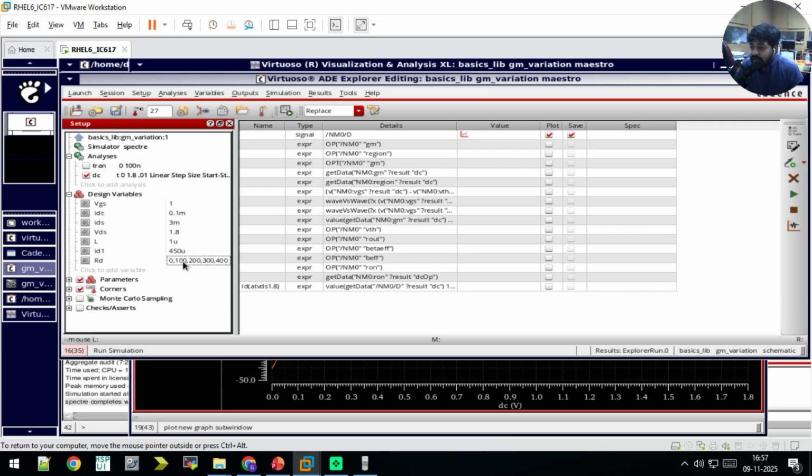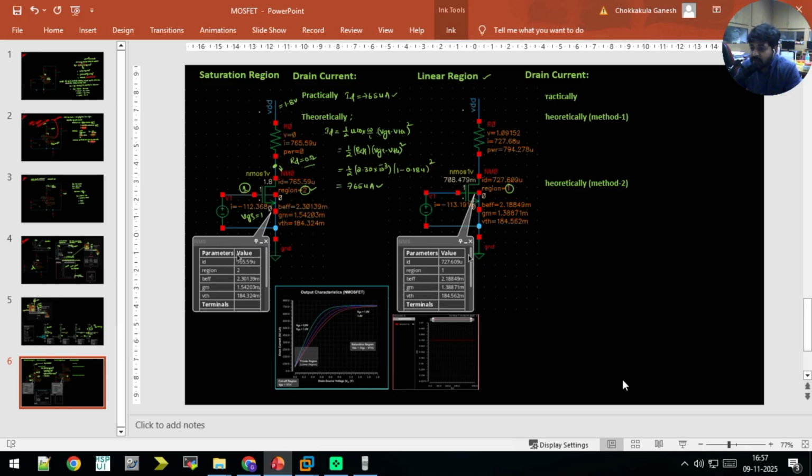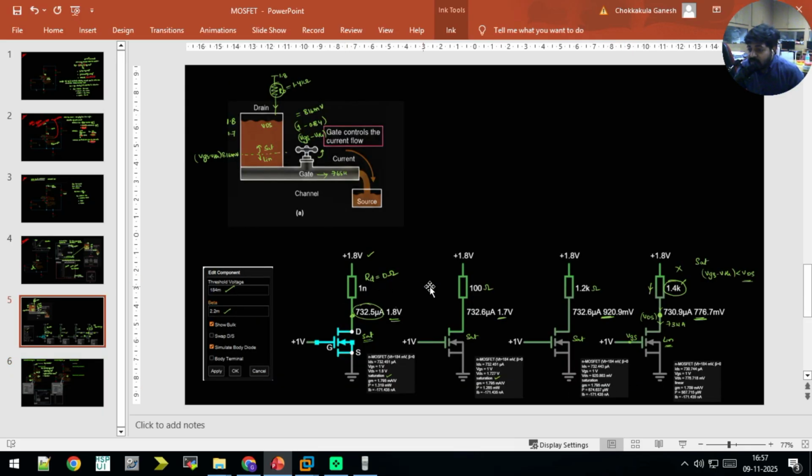As we know, for multiple values of RD, if the RD value is changed, the current which is going to be supplied is also changed. But the changes across the drain terminal current will not be affected, because even if a huge amount of current is supplied, the transistor will not allow that huge current to flow.